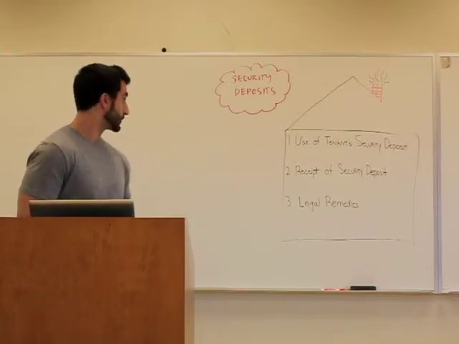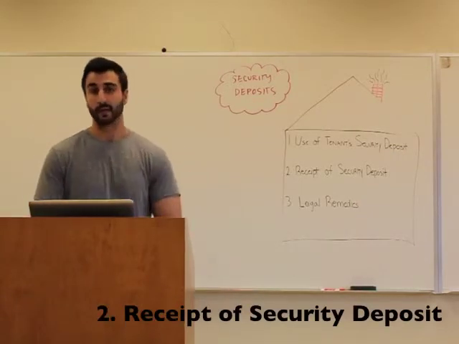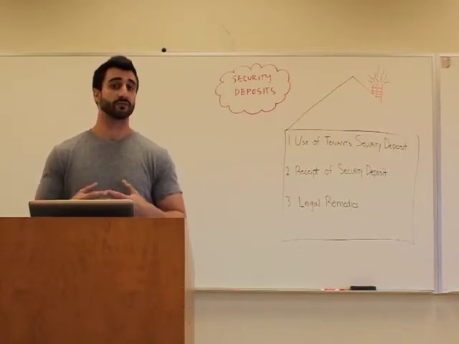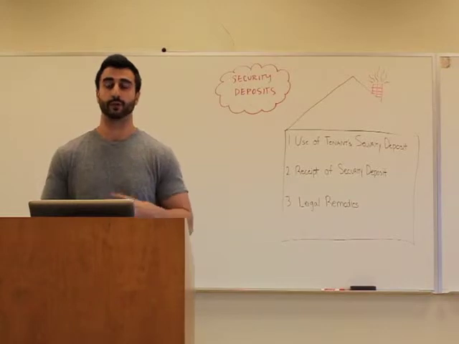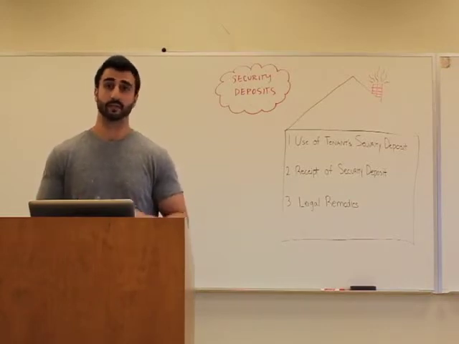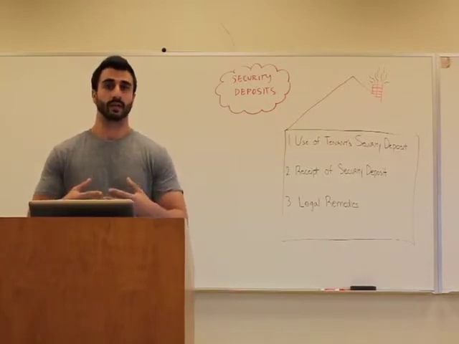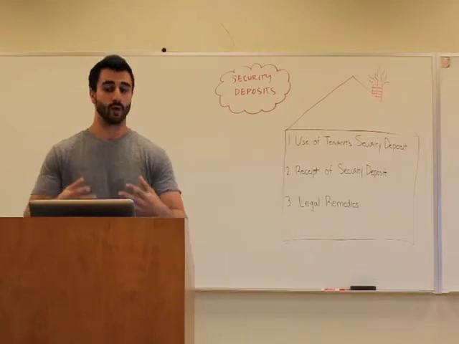Now, moving on to receipt of a security deposit, California law specifically mandates rules that a landlord must follow in order to provide you as the tenant, more specifically as a college student, with a detailed itemized list of what was deducted from your security deposit and also why.